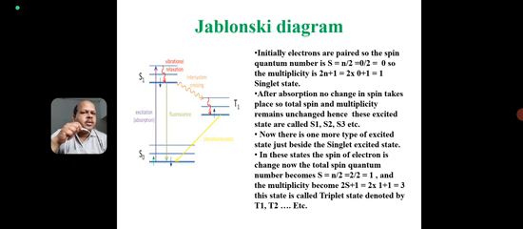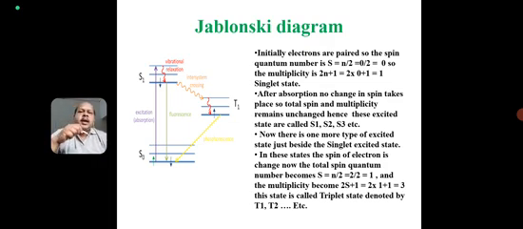So these two electrons are paired and the total spin quantum number for them is plus half plus minus half, equal to 0, and the multiplicity, 2S plus 1, becomes 1. Therefore, any state where two electrons are in opposite spin is a singlet state. This is represented by S0. We can say this is the singlet ground energy level.